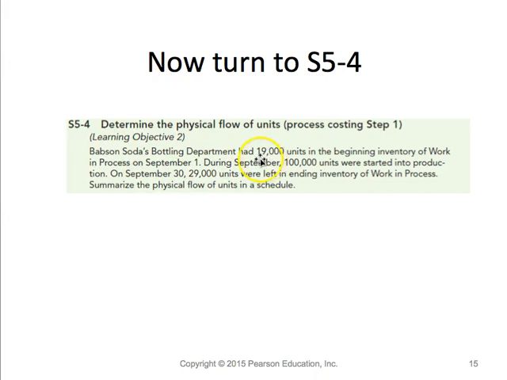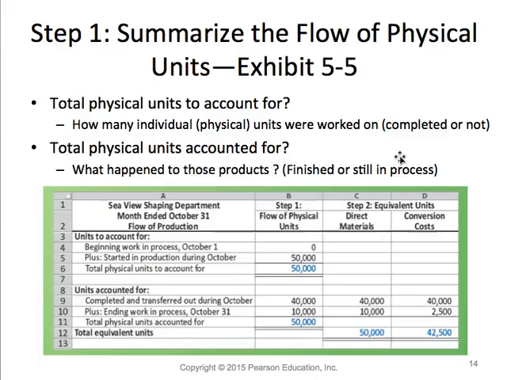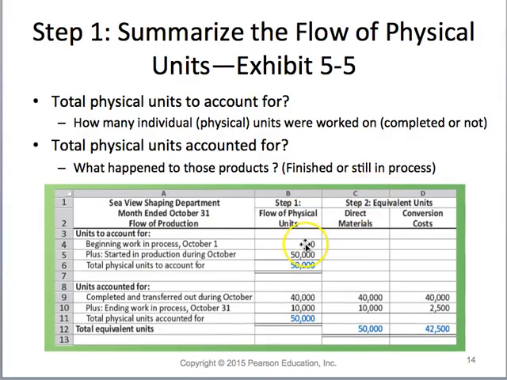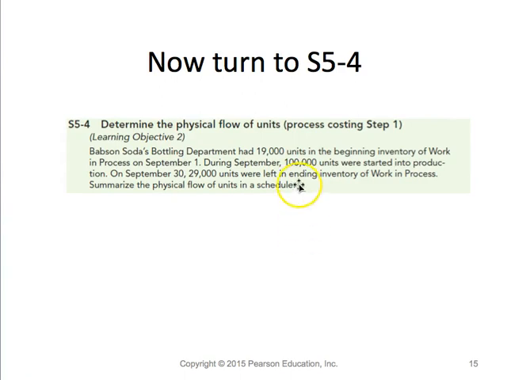They had 19,000 units in the beginning inventory. Okay, this is not a 0 anymore. See here, this was a 0, but now we have 19,000 in work in process on September 1st. During this month, September, 100,000 units were started into production. That means in this month in total, we have 100,000 units put into the production line.